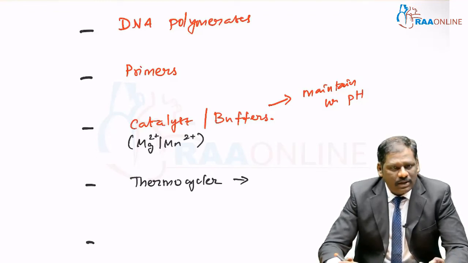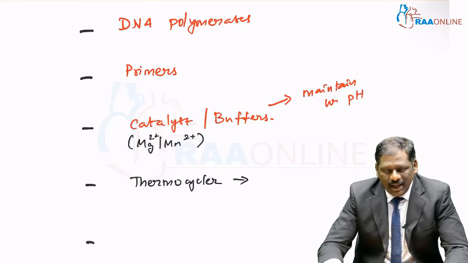Now, please remember the requirements we have seen. The first requirement is your DNA polymerase. The second requirement will be your primer. The other requirements will be your catalyst, which is usually magnesium ions or manganese ions, and buffers, which are used for maintaining your pH.